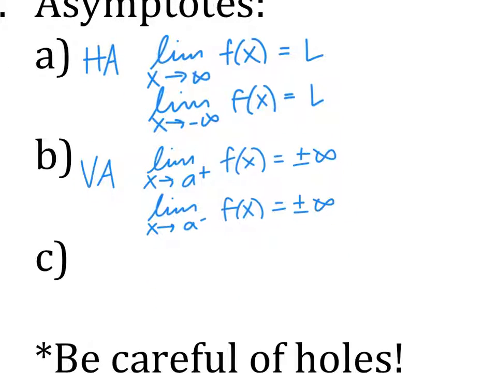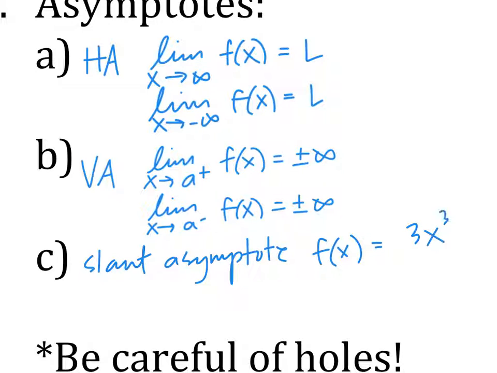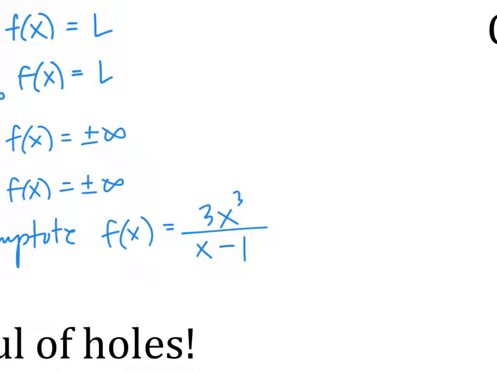Okay, third one, slant asymptote. So you had some slant asymptotes on the homework last night. A slant asymptote is when the degree on the top is bigger than the bottom, you're going to have a slant. So for example, if you have 3x cubed over maybe x minus 1, you're going to do a long division and check the quotient.